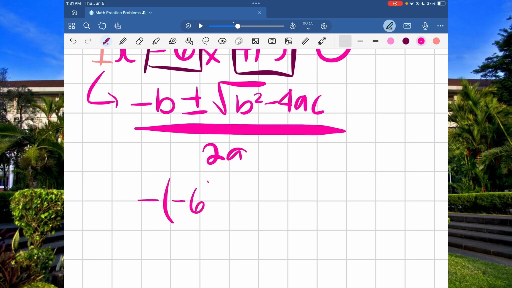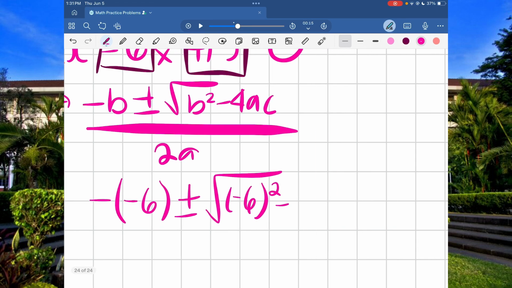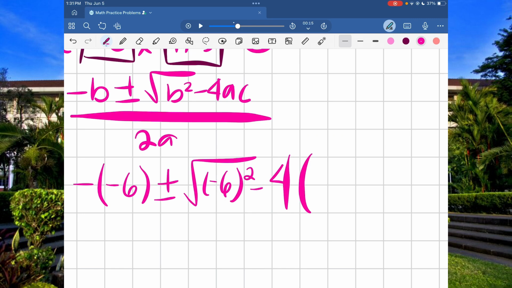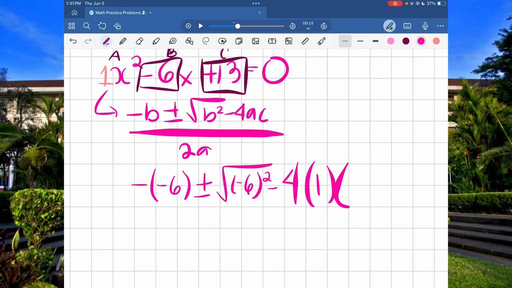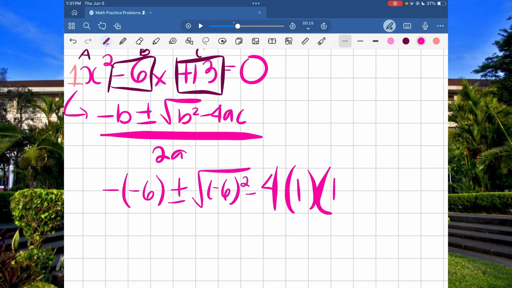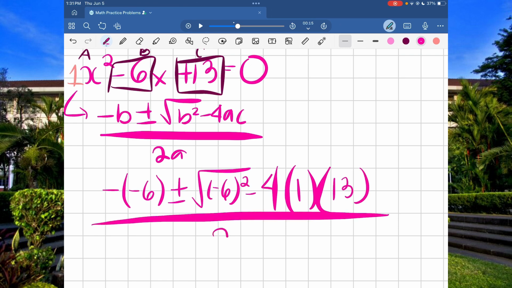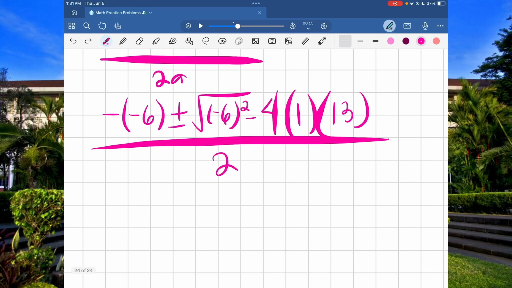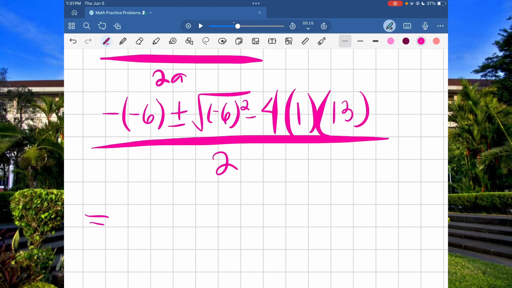This will be negative b, which is -6, plus or minus square root of b squared, -6 squared, minus 4, a is 1 and c is 13, divided by 2a. 2 times 1 is just 2 actually.